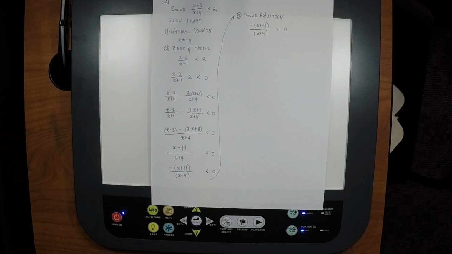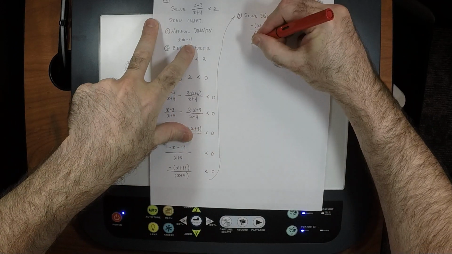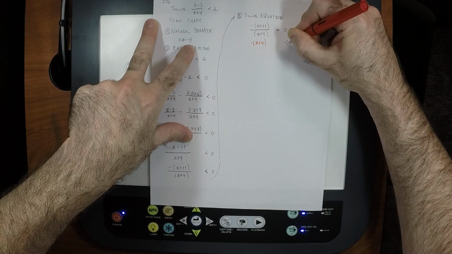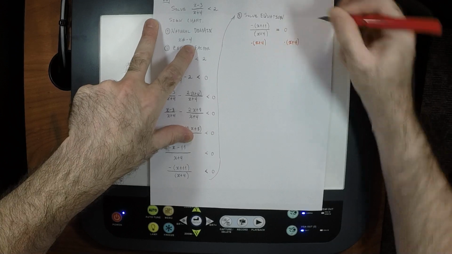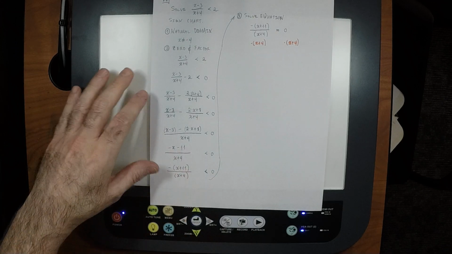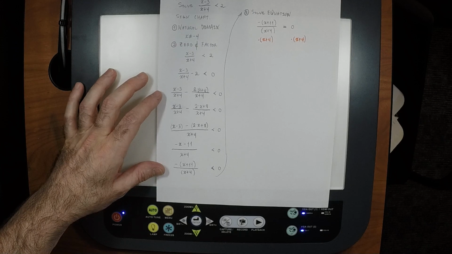Exact same thing as down here, except I wrote equal now. So now I'm going to multiply both sides by x plus 4. Now, wait a second. Didn't I, on the previous page, just chastise myself and all of us for multiplying both sides by x plus 4? Didn't we just say how unsafe that was?